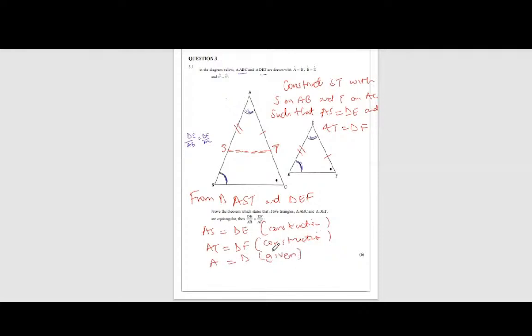So we have 3 fundamental facts that pin the triangles to be congruent. So we can say therefore AST is congruent to DEF, and the reasons are because we're talking of the side as well as the angle.